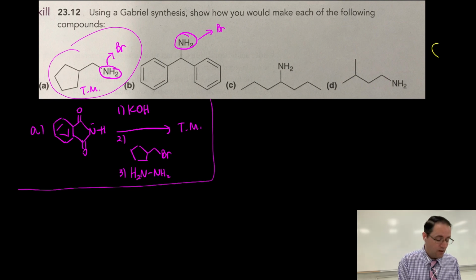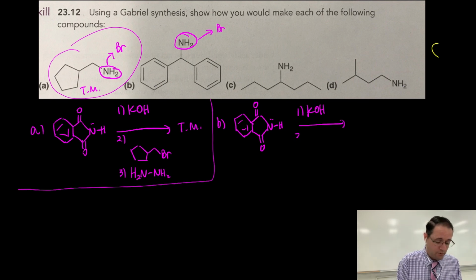Part B, same thing. We want to take this group here and replace it with bromine. So we want to start with phthalimide. Draw in all of these bonds and whatnot. And then we want to do the 3-step procedure. Step 1 is potassium hydroxide.